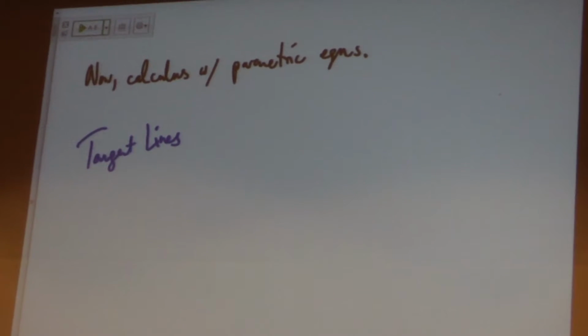Tangent line, right there. We have a curve, so this curve has a tangent line, and that tangent line has some equation. So how do we figure out that equation? Let's see how to go about it.